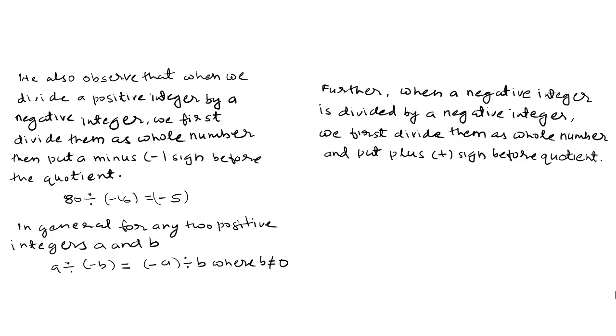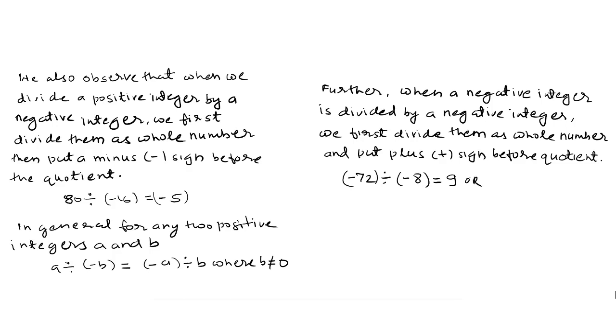For example, minus 72 is a negative integer divided by minus 8 is a negative integer. Now what we do, we divide 72 by 8 as a whole number, then quotient is 9, and as both are negative integers, 9 is a positive integer.